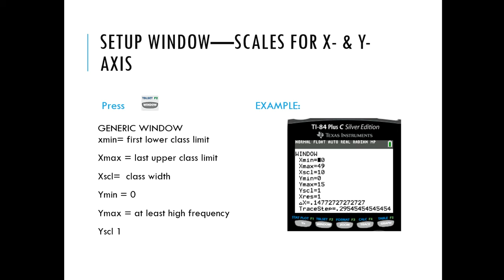Think about it: 10, 11, 12, 13, 14, 15, 16, 17, 18, 19. Those are 10 values, so my class width is 10. Y minimum is going to be 0. My Y maximum is at least my highest frequency, and you can even go higher than that. Then your Y scale is 1, and that's a default.